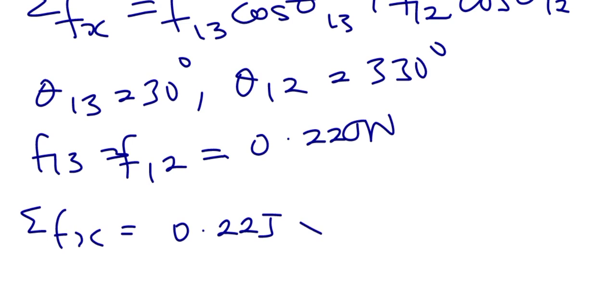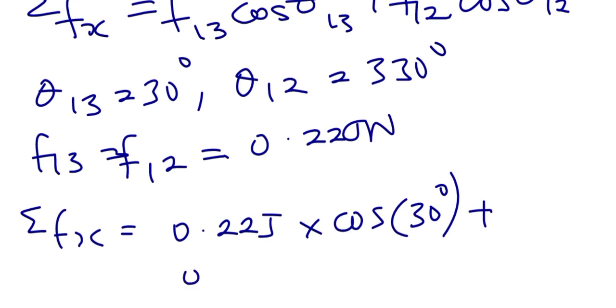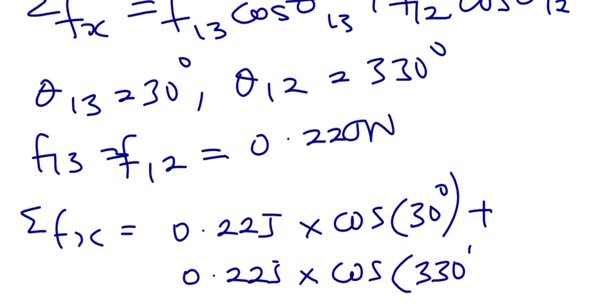The summation of Fx equals 0.225 times the cosine of 30 degrees, plus 0.225 times the cosine of 330 degrees.